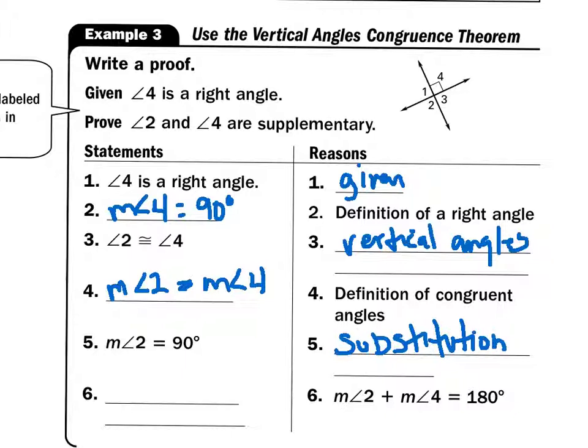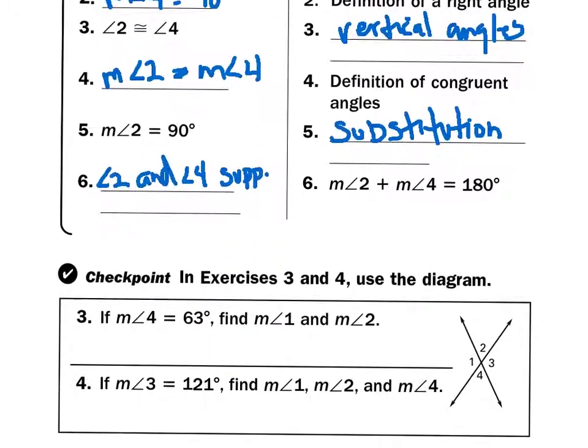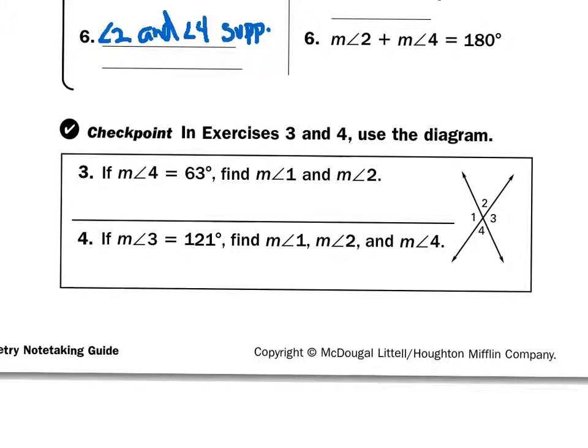Okay, and so angle 2 and angle 4 are supplementary because when you add them together, they equal 180. Okay, checkpoint. Try this one.